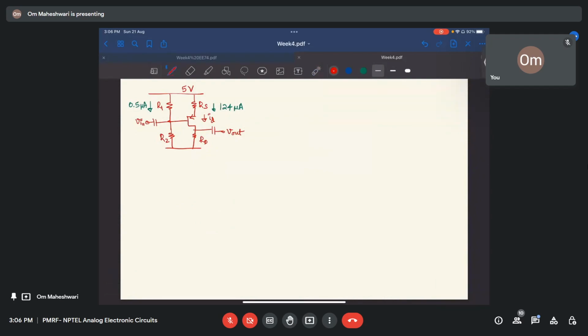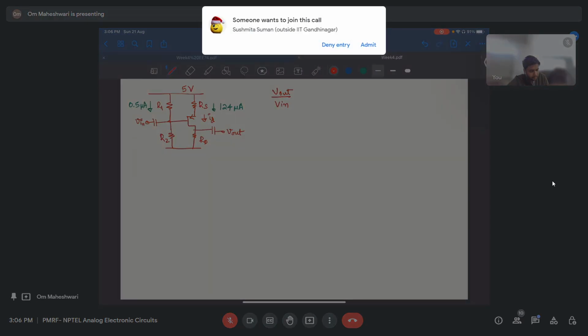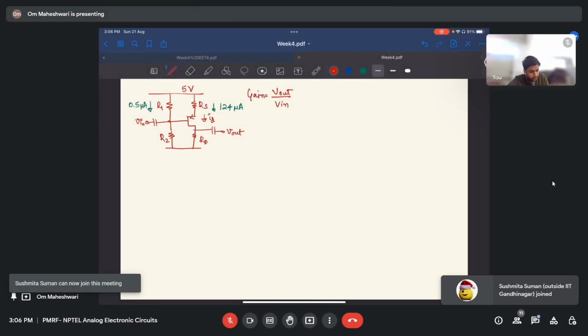So before moving ahead, let's first try to find the gain of the circuit. What is V out by V in? It is given as -5 already to us.